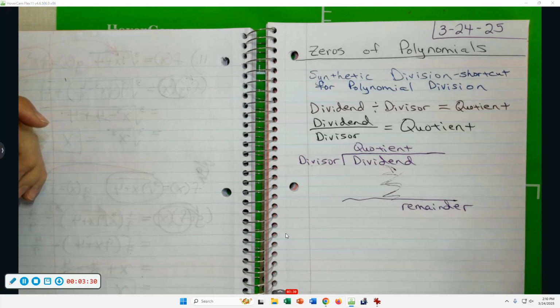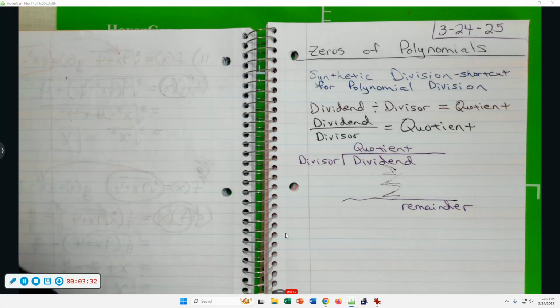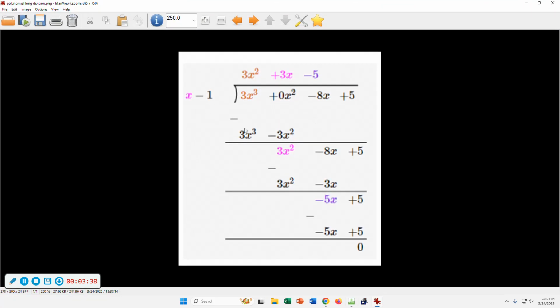I'm going to show y'all a picture of polynomial long division. Does this look familiar? You say x times what gives you 3x cubed, and you put a 3x squared. Then you multiply, and then you subtract, so you draw the line and change the sign.